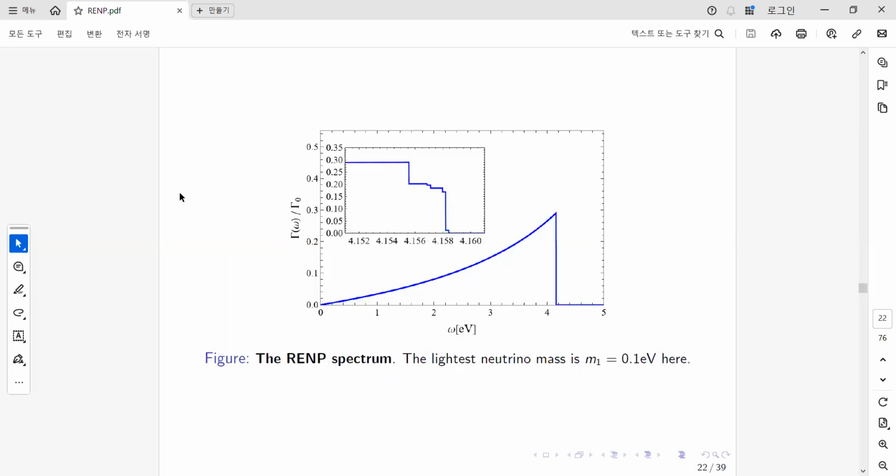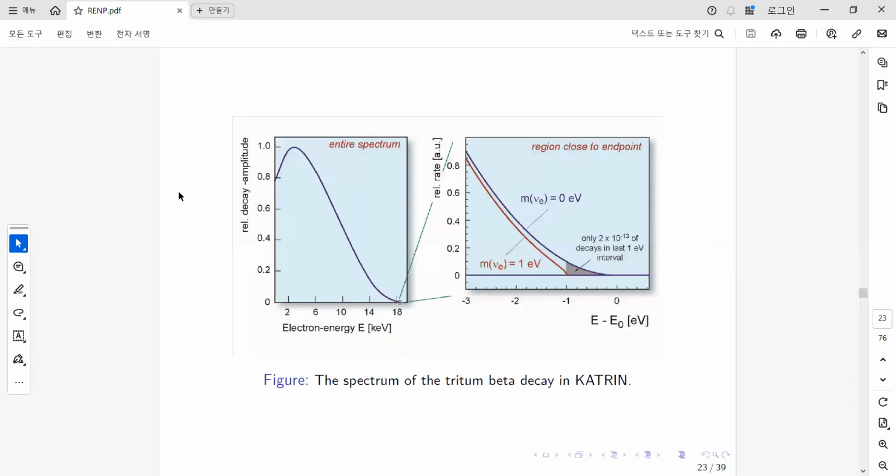Compared to the other spectra, the LAMP spectrum has more sensitivity to the absolute neutrino mass scale. Originally, in the nuclear emission of neutrinos, for example, the tritium beta decay case in the KATRIN experiment, the electron energy scale is almost a kilo electron volt, and the endpoint energy is shifted by the neutrino mass.